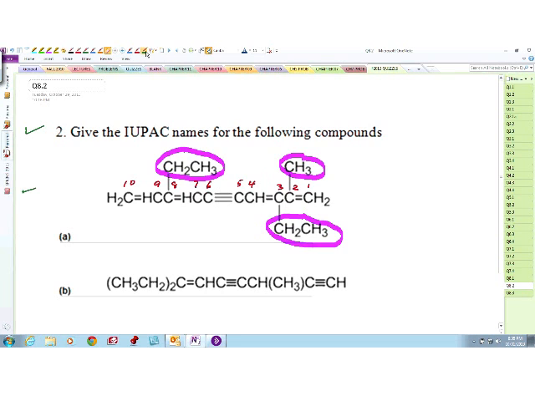Let's start with the substituents. You have ethyl in 3 position, another ethyl in 8 position, and we have to follow alphabetical order. So that becomes 3,8-diethyl. Now what is next? 2-methyl, right?